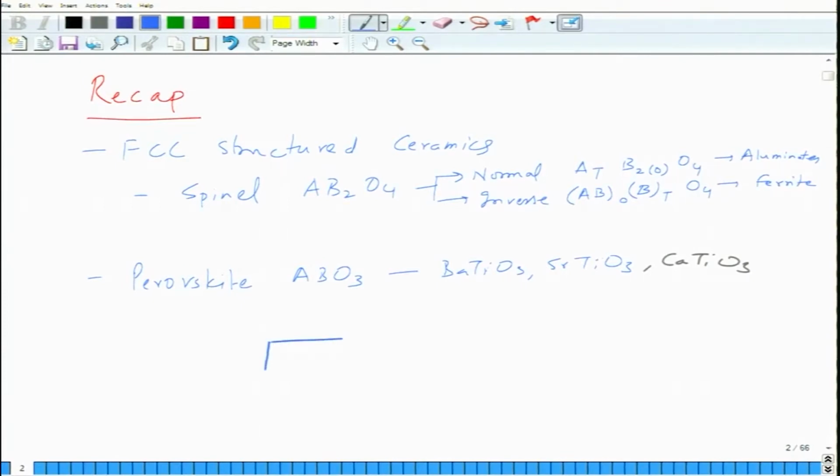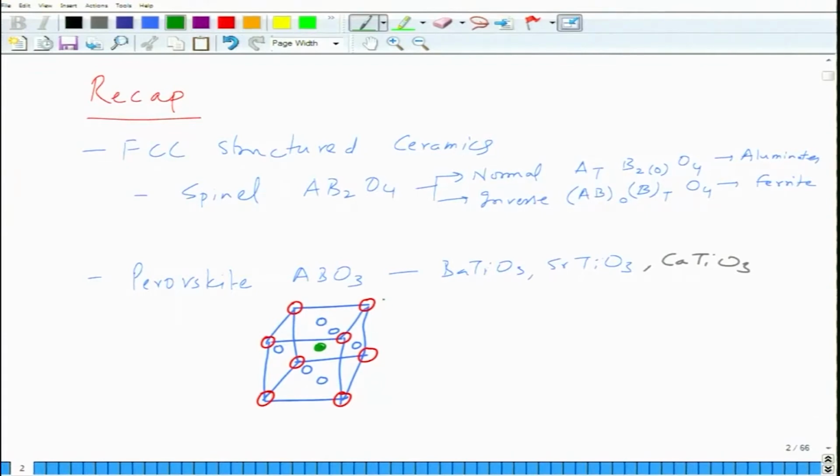Here in the unit cell, oxygens go to face centered sites, barium goes to the cell corners, and titanium, B, goes to the center of the cell.